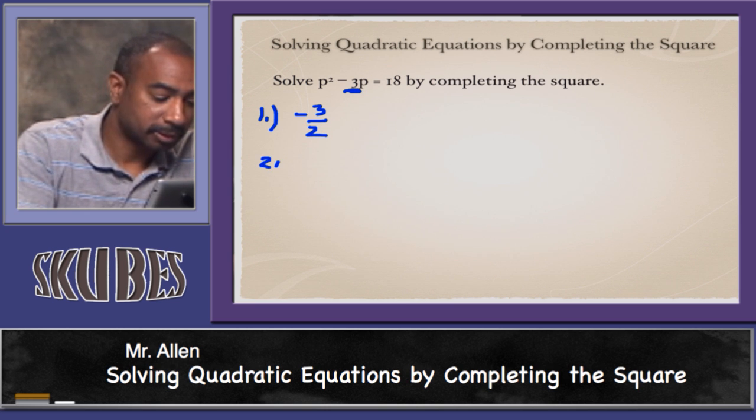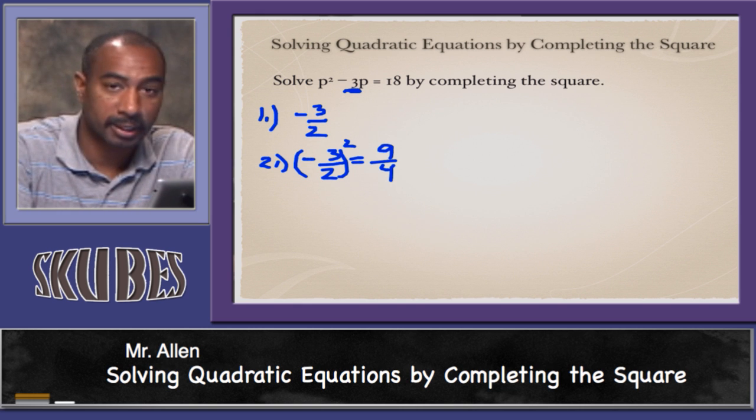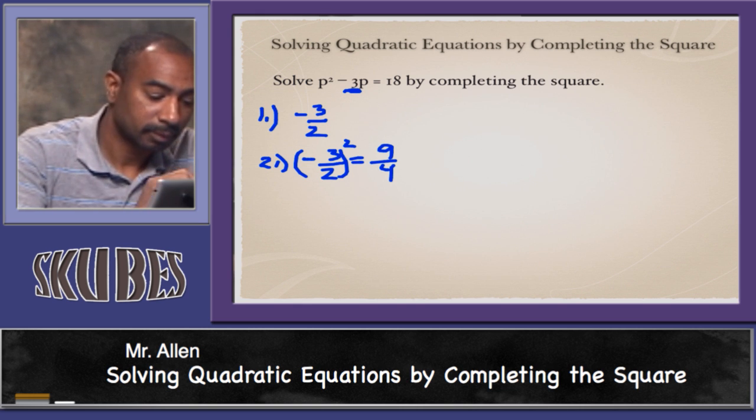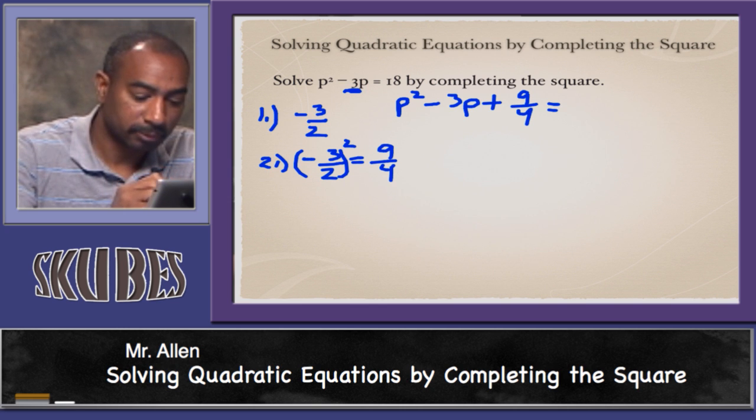And then the second step is I square the result. So that gives us 9/4. You're going to add 9/4 to both sides of this equation. So I have p squared minus 3p plus 9/4 equals 18 plus 9/4.